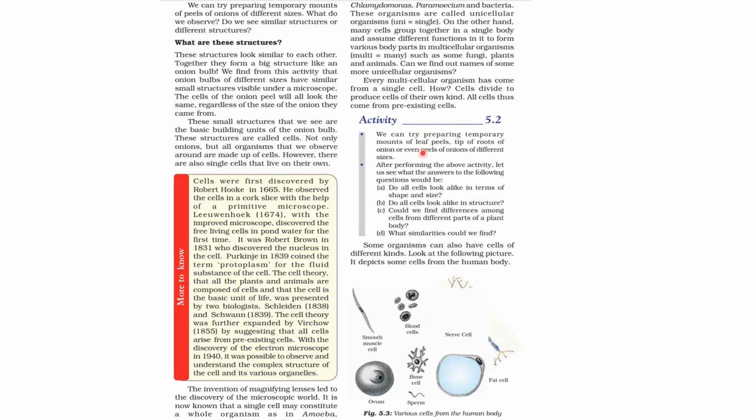Next, we can try preparing temporary mounts of leaf peels, the tips or roots of onion, or even peels of onions of different sizes. Here are the questions. Do all cells look alike in terms of shape and size?